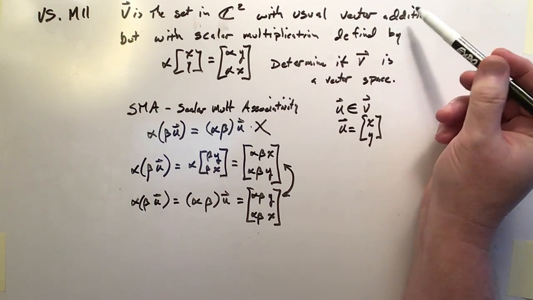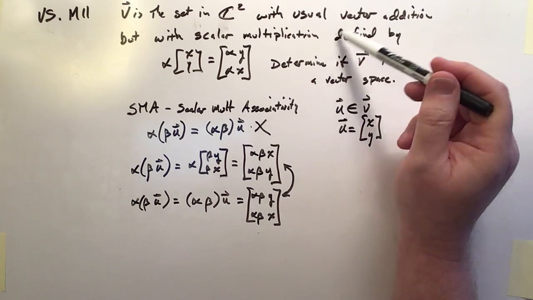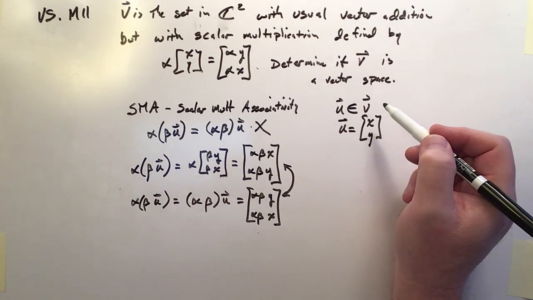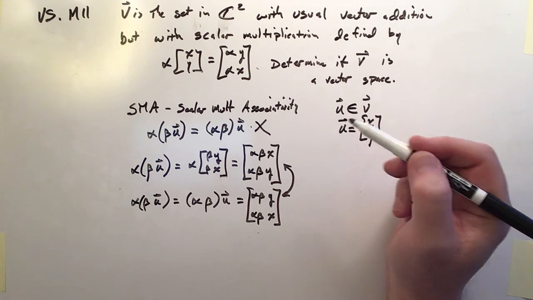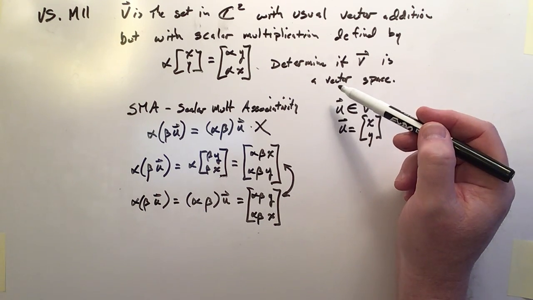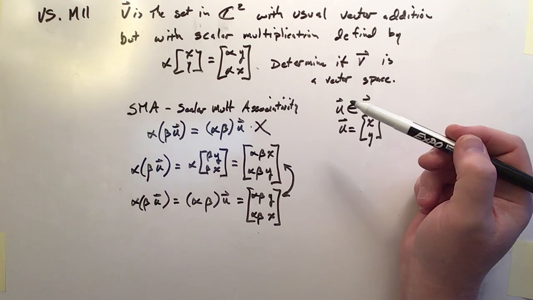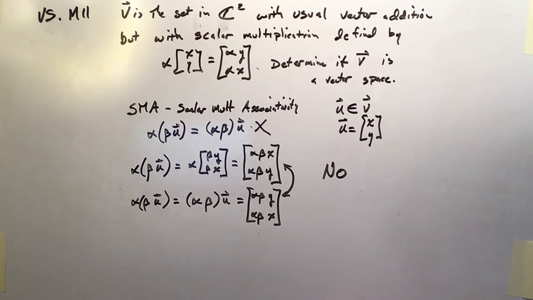That means if I define a vector under these first 2 rules, that vector will not form a vector space because it fails one of the 8 following rules, which must remain consistent. We can define these any way we want, but we have to define them in ways that don't violate things like the associative property. So this is a big no. This is not a vector space.